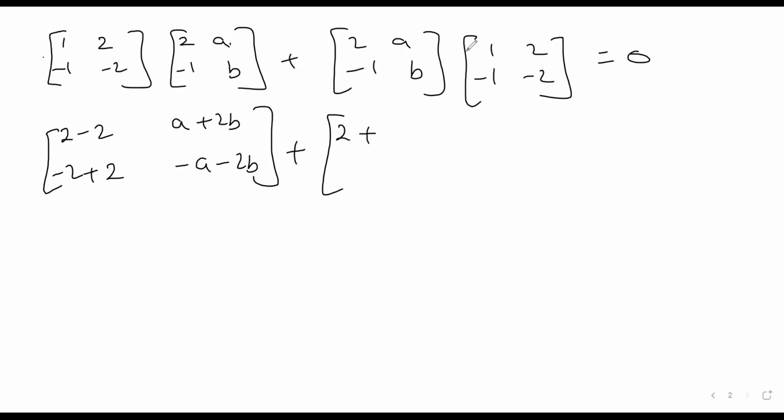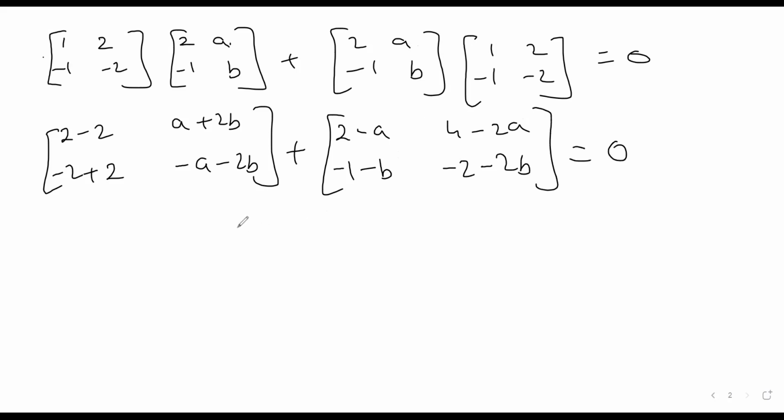That is 2 minus a, 4 minus 4, 4 minus 2a, minus 1 minus b, minus 2 minus 2b.